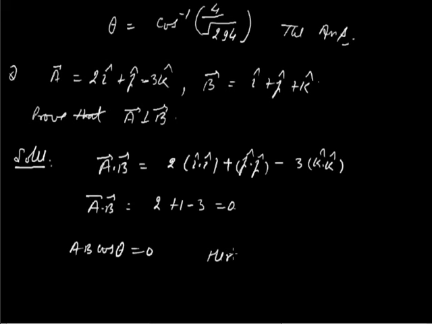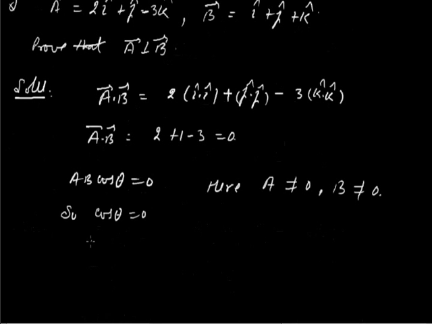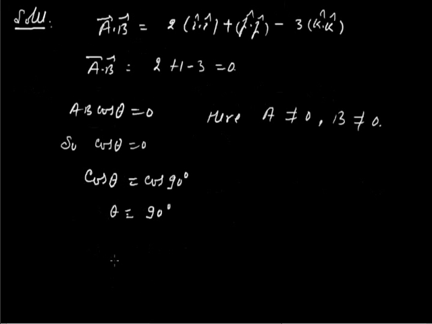Here A is not equal to 0, also B is not equal to 0, so the value of cos theta is 0, or we can also write cos theta is cos of 90, means theta is 90 degrees. It means A is perpendicular to B.